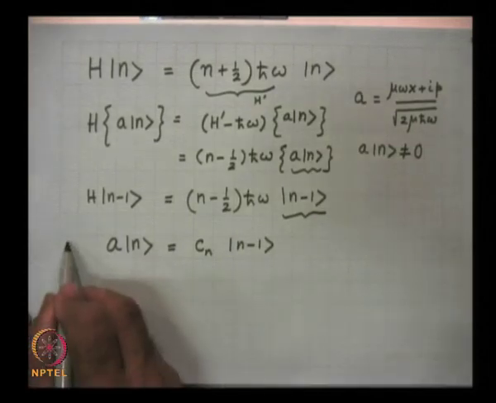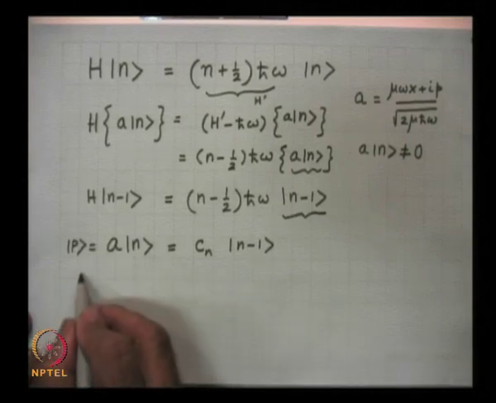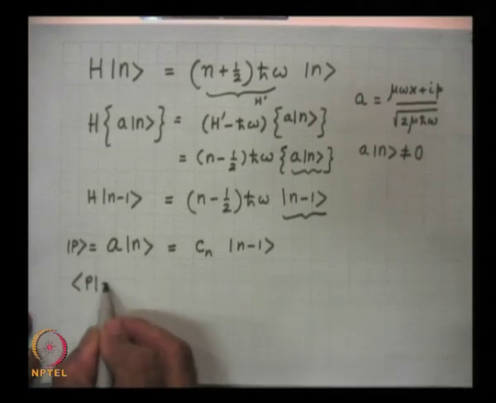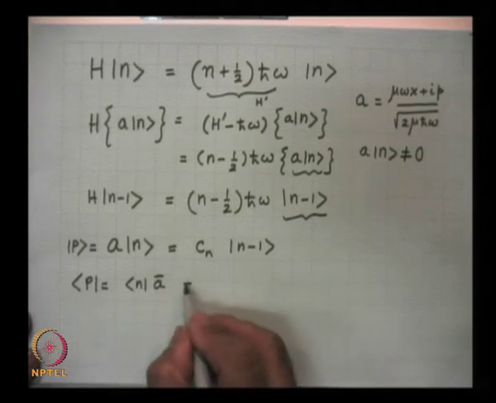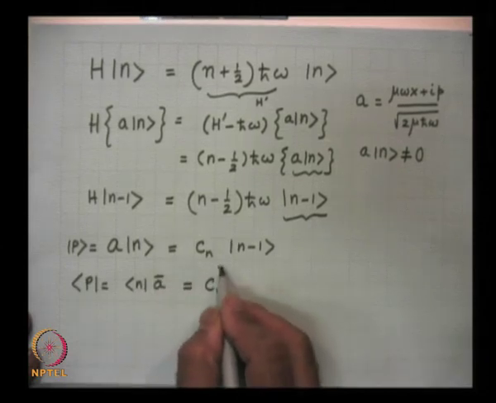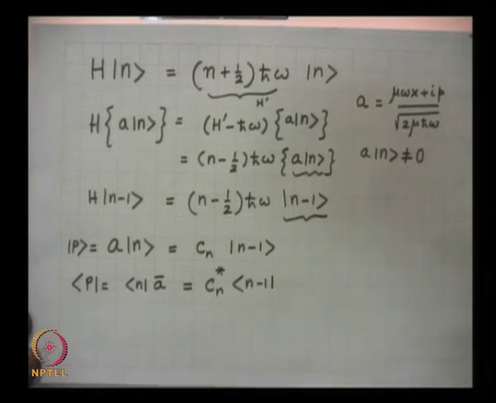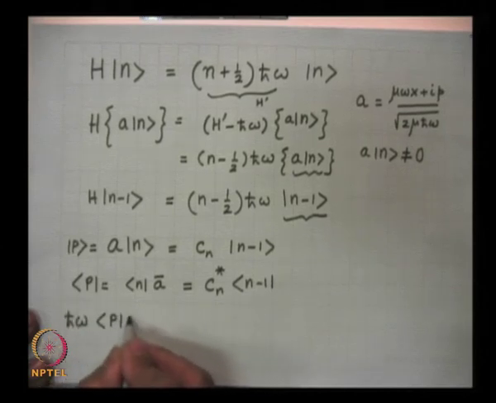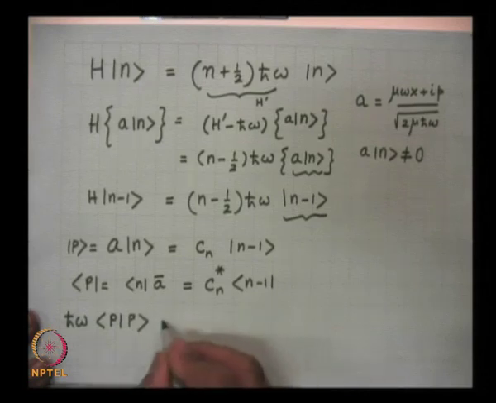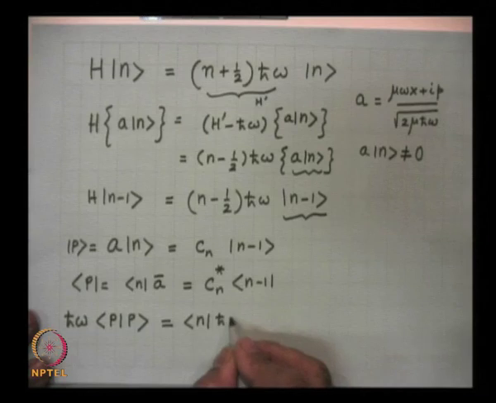So, I write this as ket p, and if I take bra p, then this will be equal to bra n a bar is equal to C n star bra n minus 1, and if I write h cross omega bra p ket p, then this will be equal to bra n h cross omega, this is just a number.